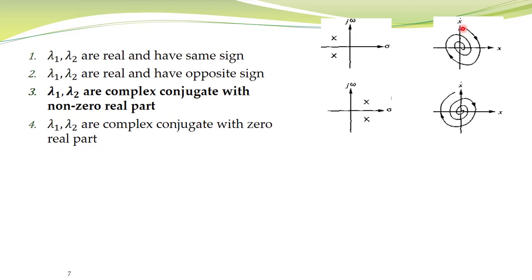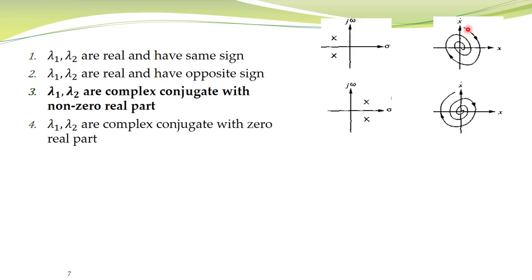What you see is that, for example, initially at this point x is positive, and then the magnitude of x is decreasing and becomes 0. Then it becomes negative, reaches a maximum in the negative direction, and again becomes 0, and then there is a peak in the positive direction. So it is the same thing, decaying oscillations in x.